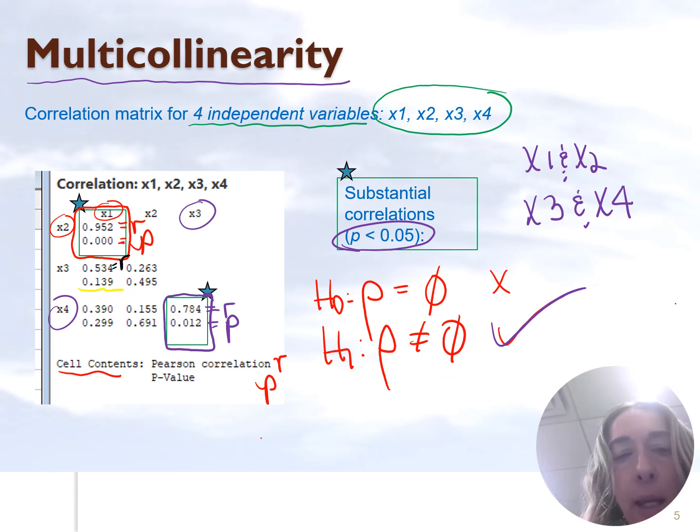So you may not be able to know for sure whether there is multicollinearity between x1 and x3.